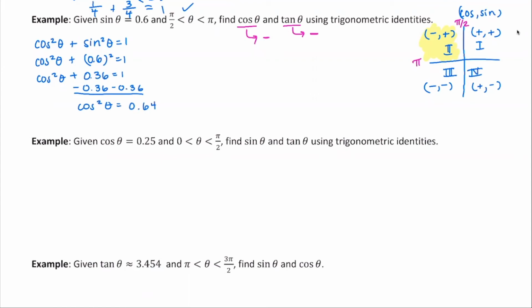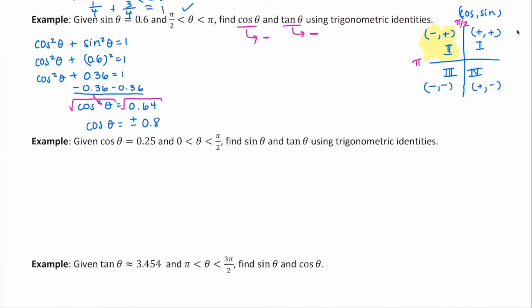And now, just like in a normal equation, we can square root both sides. That's going to eliminate the square on that cosine. So we have cosine theta is the square root of 0.64, which will just be plus or minus 0.8.